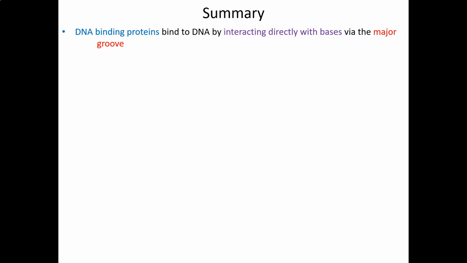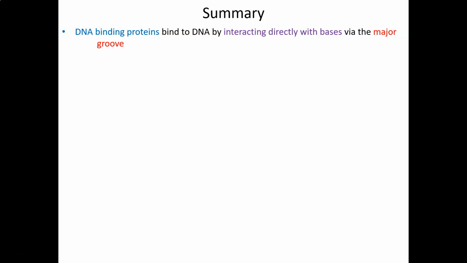So what did we talk about here? Well, we started off talking about DNA binding proteins in general. They bind to DNA specifically by making these non-covalent interactions with bases in the major groove. Whatever non-covalent bonding potentials are possible in a specific DNA sequence, those are mirrored and complemented by opposing forces in the interaction surface of the protein.